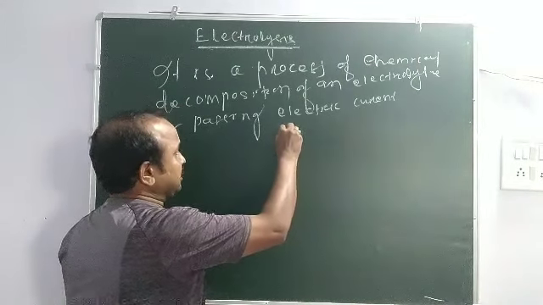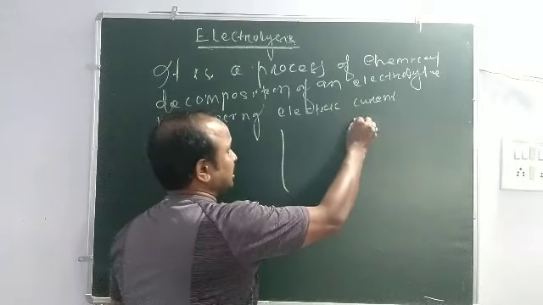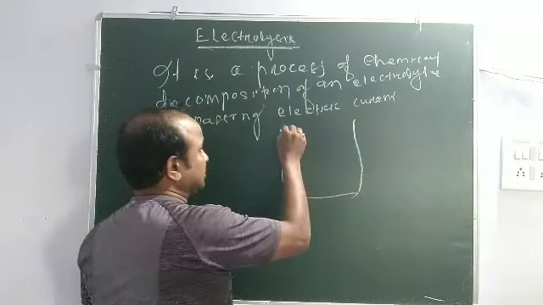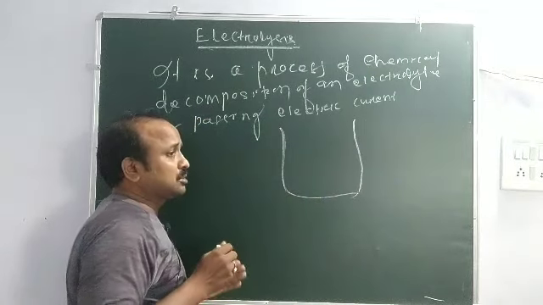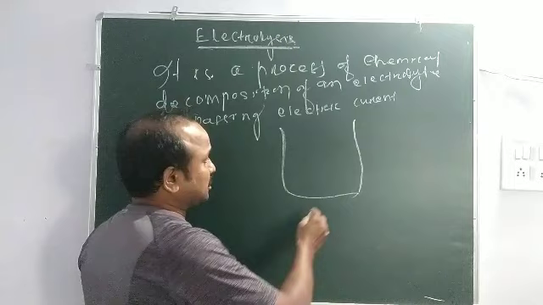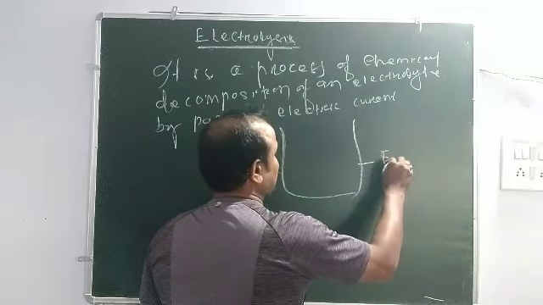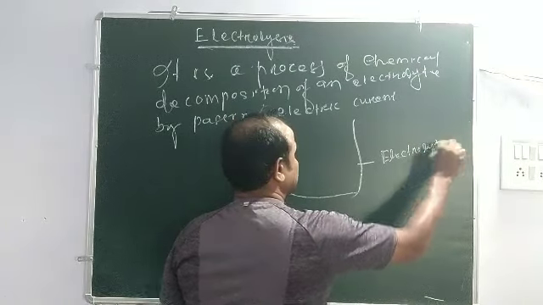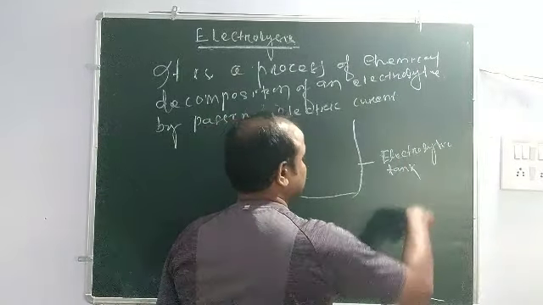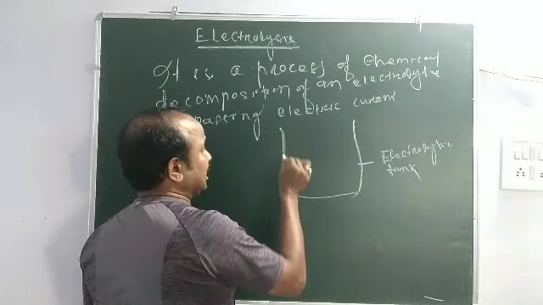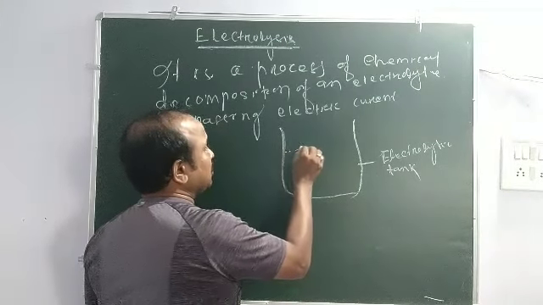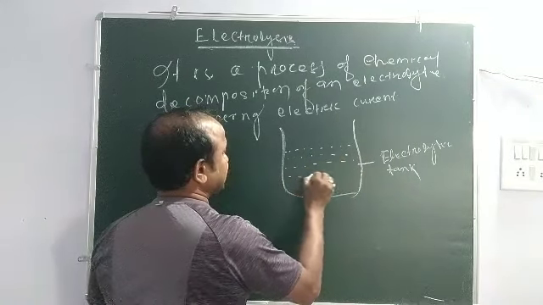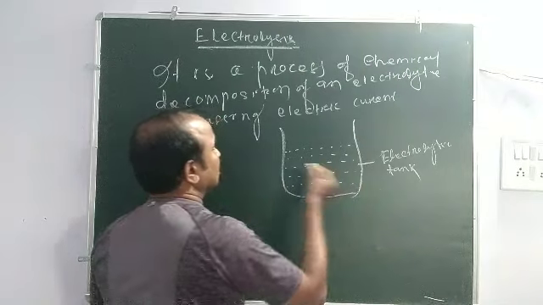This electrolysis is generally carried out in a tank or container with an insulator wall or glass dome. This is called an electrolytic tank. The aqueous solution of the electrolyte, or the electrolyte in fused state, is taken inside the container.